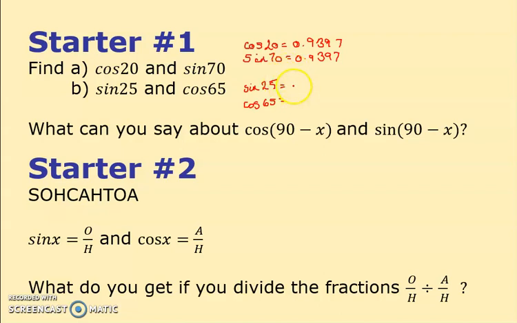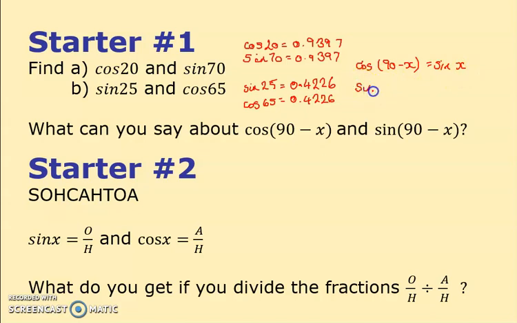So hopefully you pause and you've done this, but I get sine 25 of 0.4226 and cos of 65, so I'll just prove it to myself. Oh, there's a shock, 0.4226. So basically this is what you're coming up with here. You've typed in cos 20, you typed in sine 70, you end up saying that cos of 90 minus x is the same as what you would get if you didn't do the 90 trick and did sine instead.